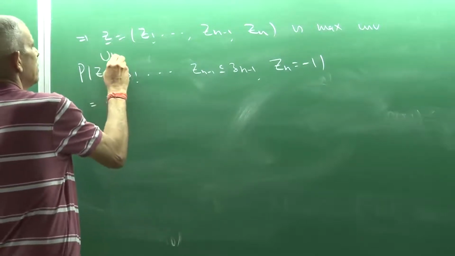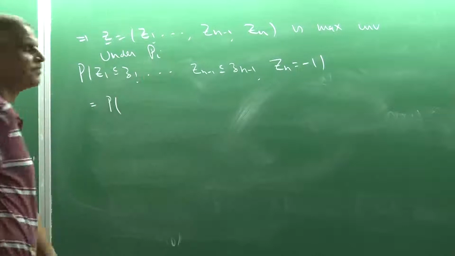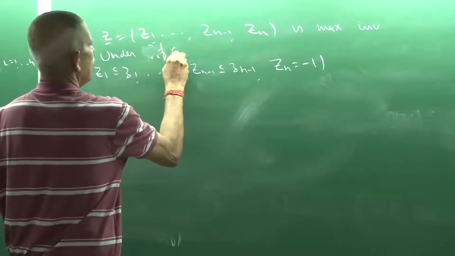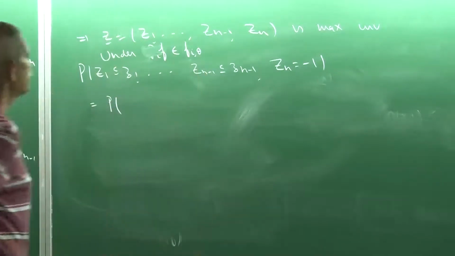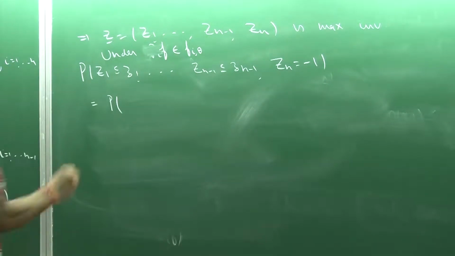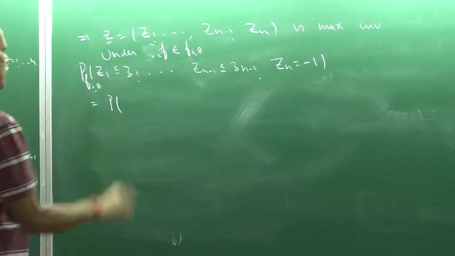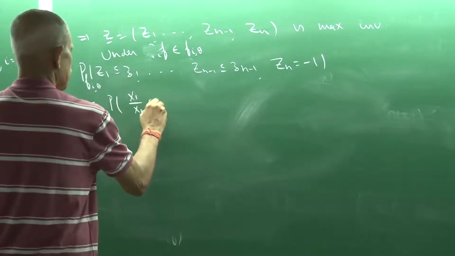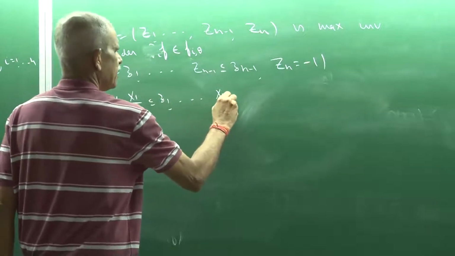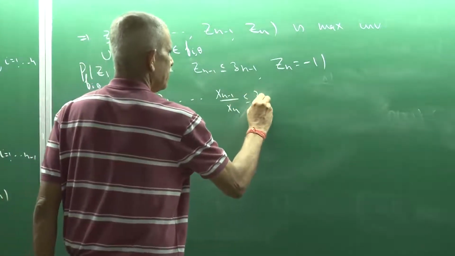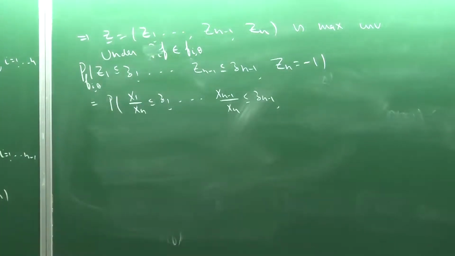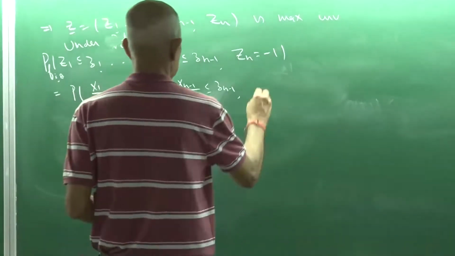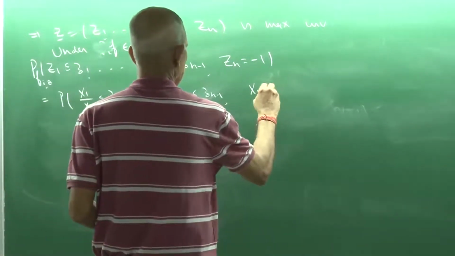So under Pi, under let us say f having Fi theta, you can write down P Fi theta. What is Z1? Z1 is nothing but x1 upon xn less than or equal to z1, xn minus 1 upon xn is less than or equal to zn minus 1, and Zn is equal to minus 1. That means xn is negative, less than 0.